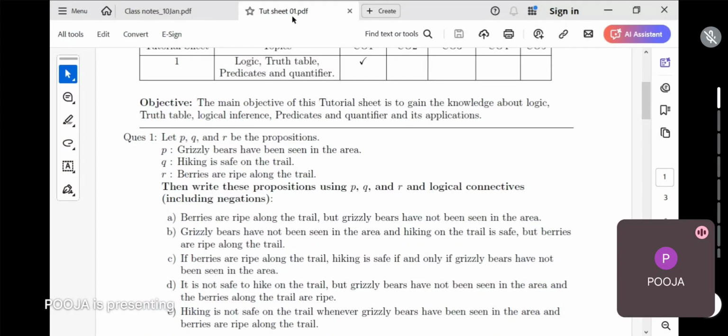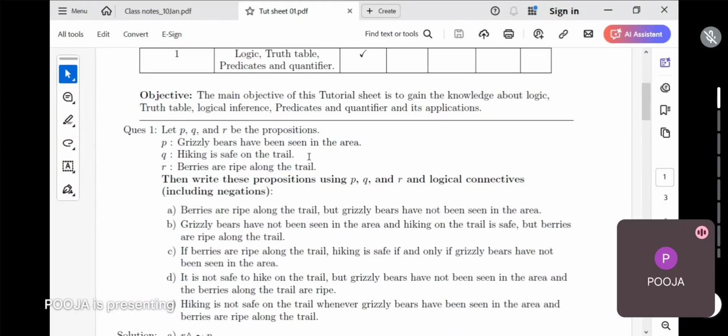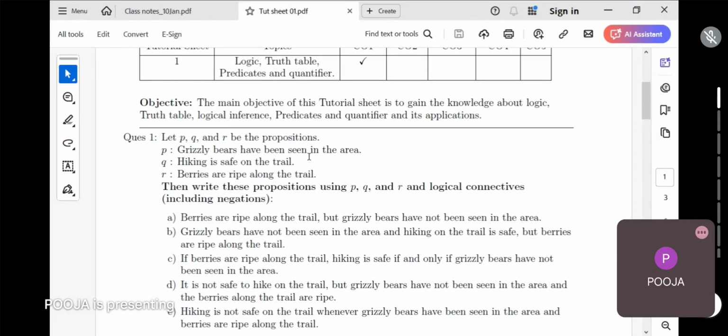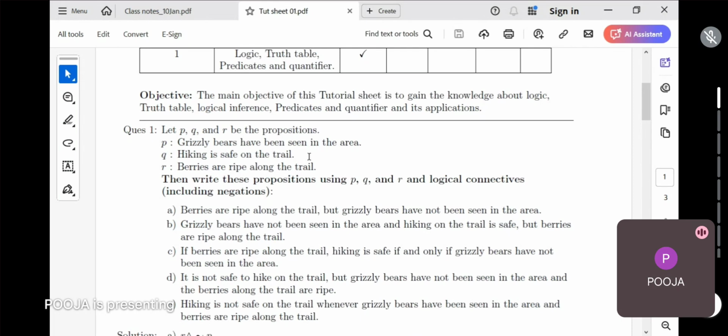First question is, we have three propositions P, Q, and R. P is grizzly bears have been seen in the area. Q is hiking is safe on the trail. And R is berries are ripe along the trail. Then write these propositions using P, Q, and R and logical connectives, including negation. So what is the question saying? The question is asking you about framing a new proposition with the help of the given propositions using logical connectives.